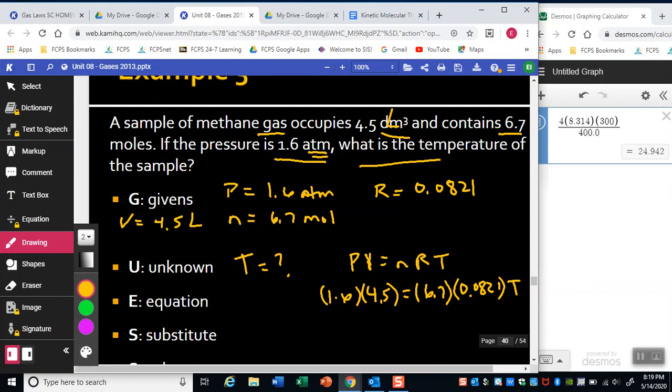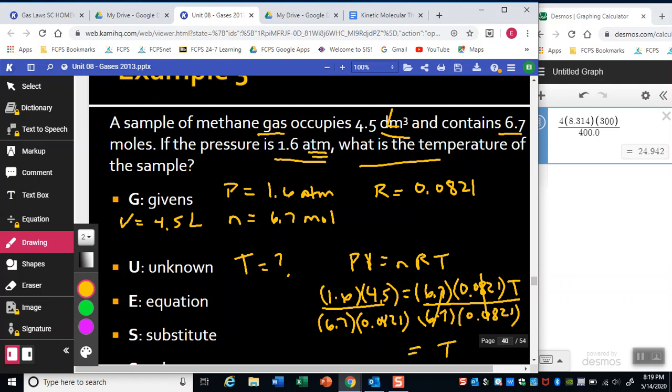All right, so that is, again, the beauty of algebra. You just write your formula, substitute in, and then get your variable by itself. Everything's multiplied, so I'm going to divide by 6.7. That makes that go away. Got to do it on both sides. Got to divide this guy out, 0.0821. Boom. But got to do it on both sides. So now I have my temperature all by itself.